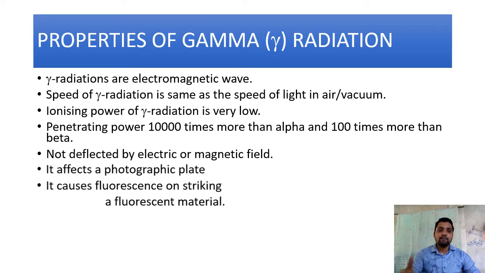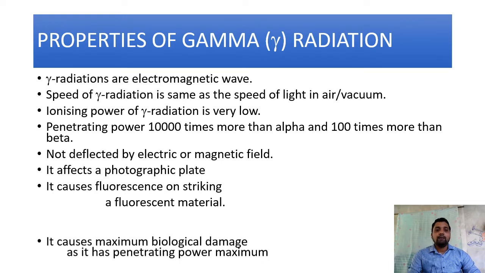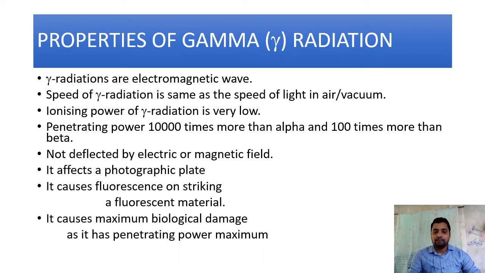Like alpha and beta, gamma also affects the photographic plate and causes fluorescence when it strikes a fluorescent substance. So the effect on the photographic plate and on fluorescent material is the same for alpha, beta and gamma. It causes maximum biological damage because its penetrating power is very high; it can easily pass through our skin and through a cell.